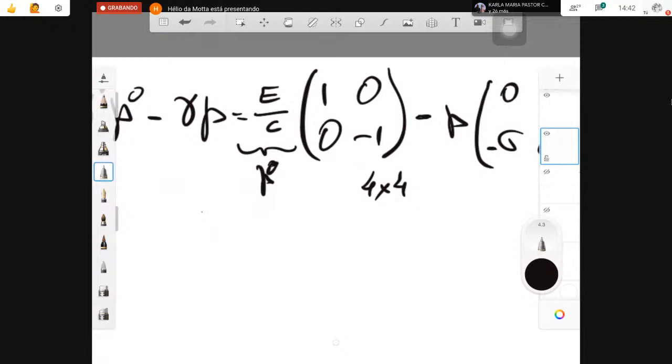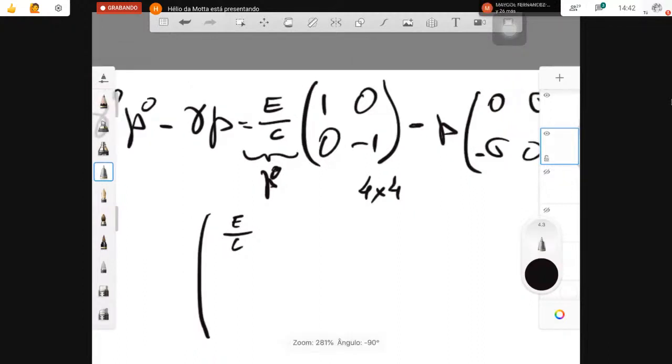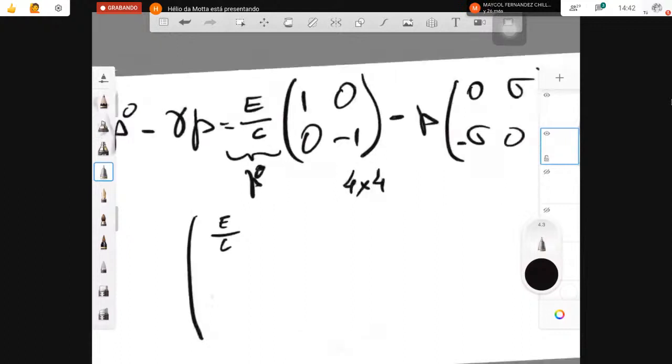All you have to do is multiply E over c by all components of the matrix, which will be E over c. Then you have P. Here you have minus P sigma, minus E over c. Okay? So that's the easy expression.